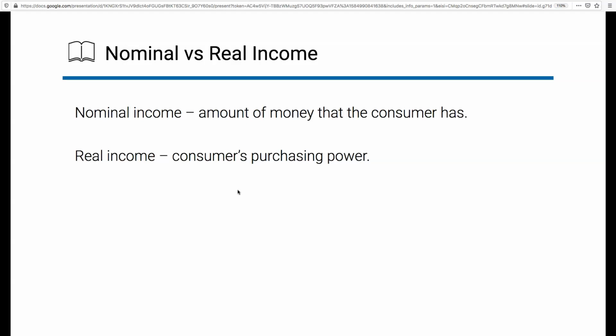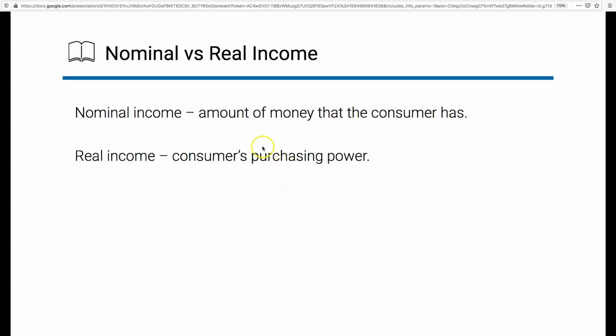And clearly, when nominal income changes, for example, when the amount of money that you have increases from 24 to say $35, your real income goes up as well. You can buy more movies and you can buy more goods for the unchanged prices of goods and movies.